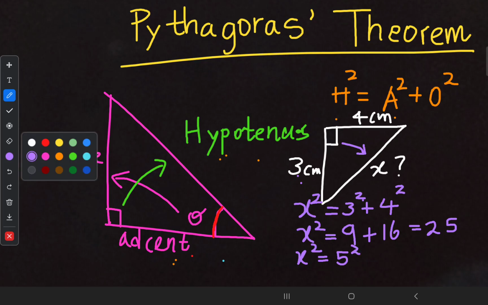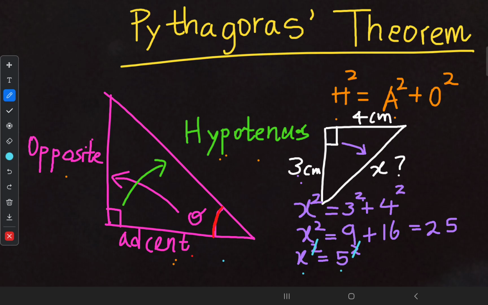Now think without this square function. Here both sides have the square function, so let's neglect it. Otherwise, we can use our calculations to find the answer. There are two possible methods, and I'll explain both. Here x square equals 5 square.